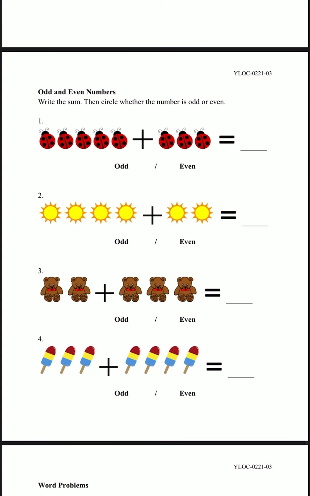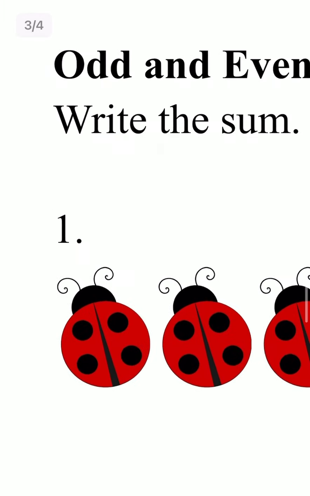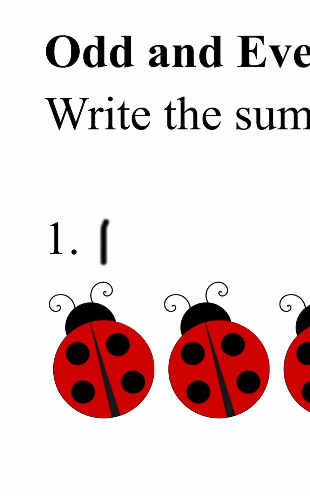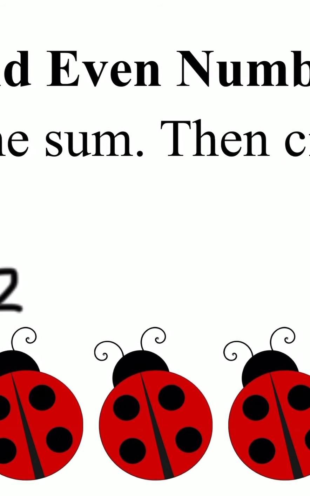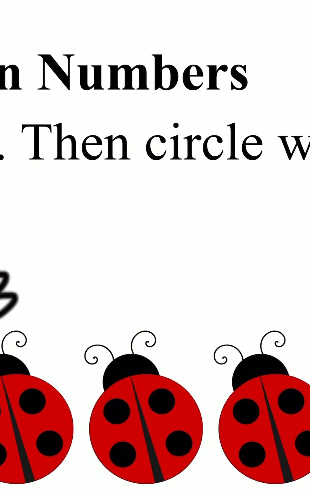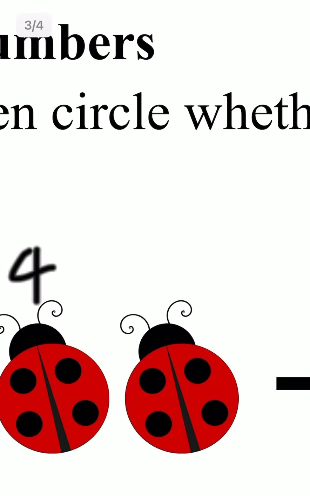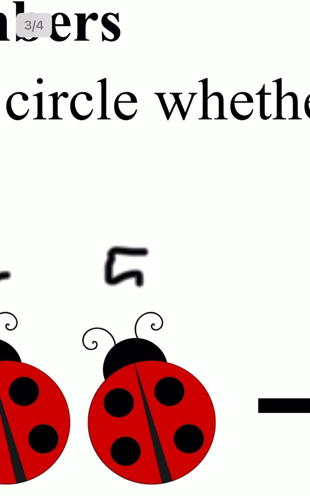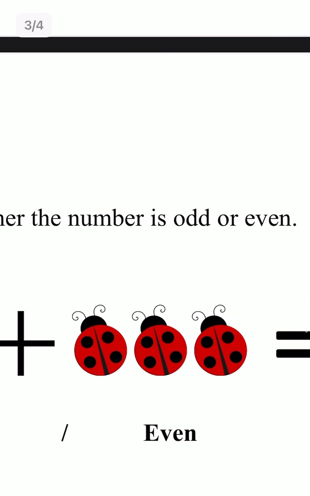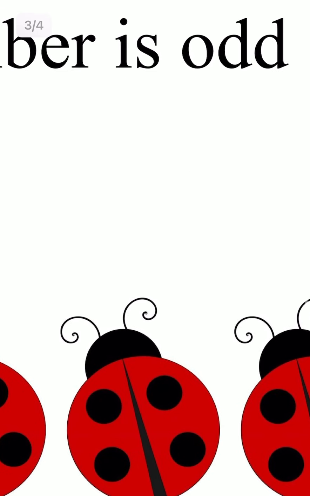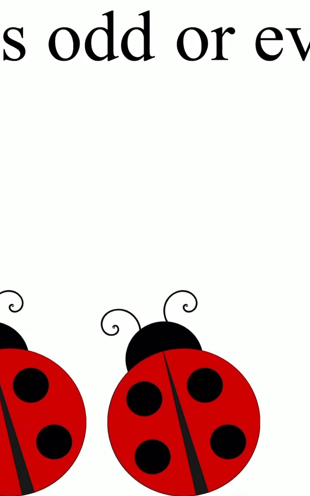For this part, we have to write the sum and then circle whether the number is odd or even. Let's look at number 1. We have 1, 2, 3, 4, and 5 in this part, and we have 1, 2, and 3 in this part.